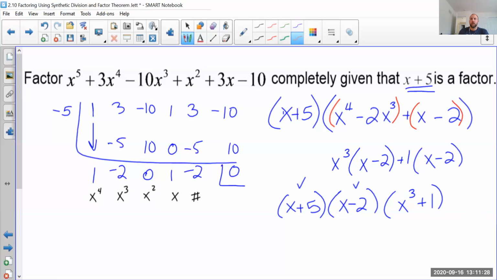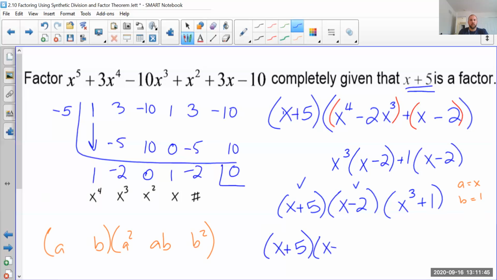Okay, so this is where a is x, b is 1, and we're factoring it into a plus b, a squared, minus ab, b squared. So leave my x plus 5 alone, leave my x minus 2 alone, and then we're going to factor this.